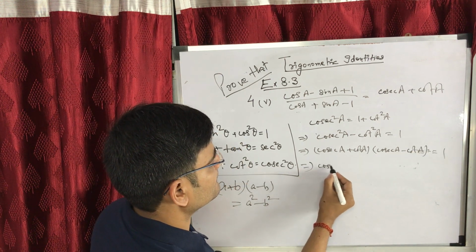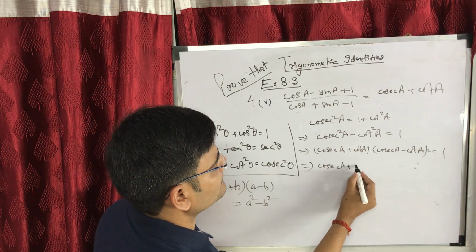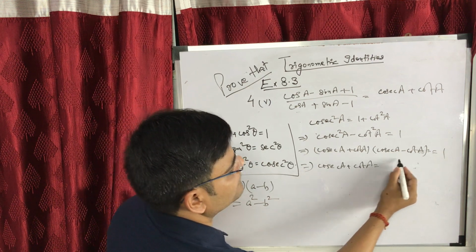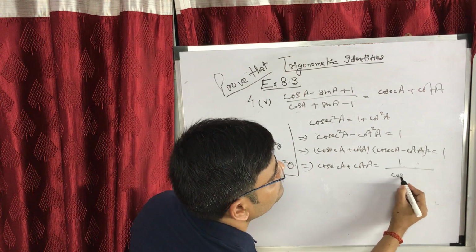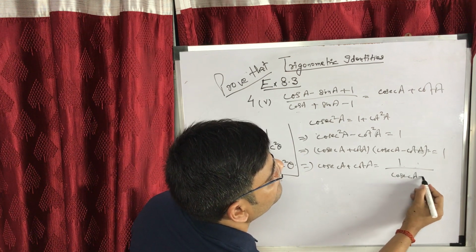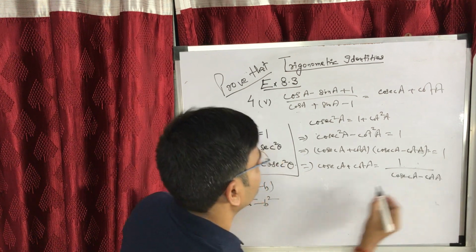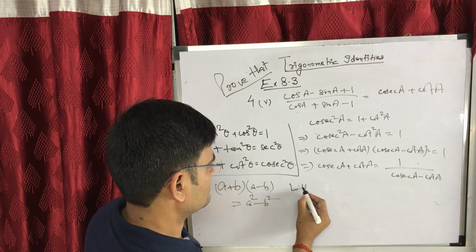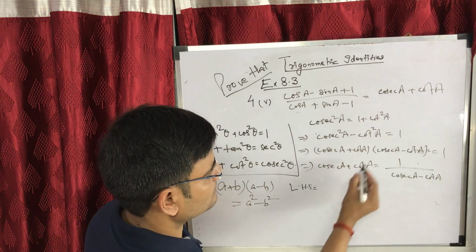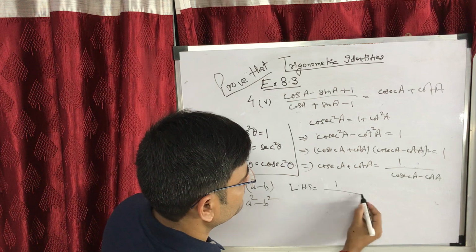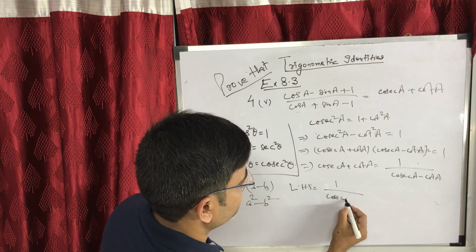That means cosec A plus cot A equals 1 by cosec A minus cot A. So LHS was cosec A plus cot A, that is equal to 1 by cosec A minus cot A.